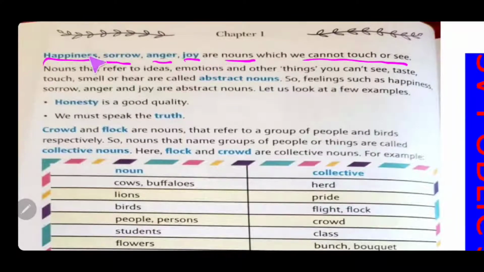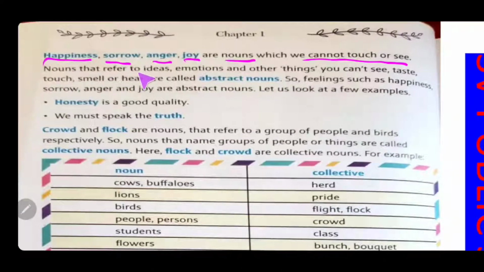Can you touch happiness? Or sorrow? Have you seen someone touching anger? No, we cannot see or touch anger, joy, sorrow, happiness. They are emotions, and they are nouns.